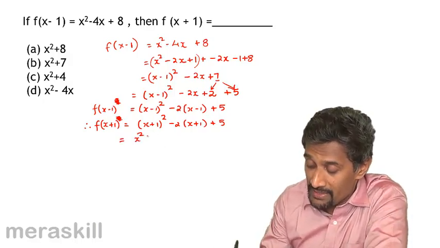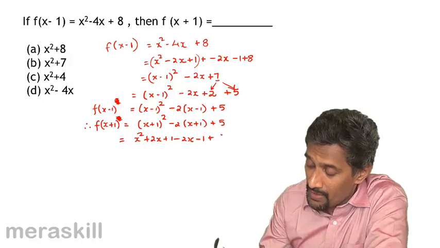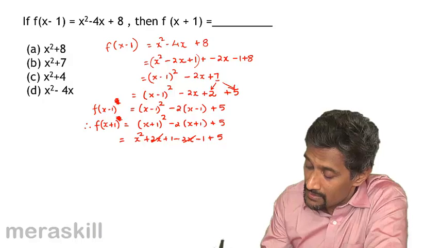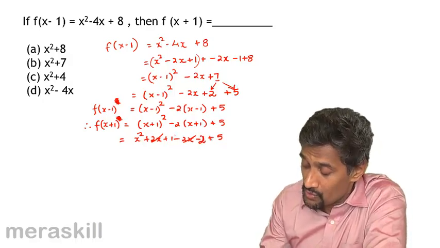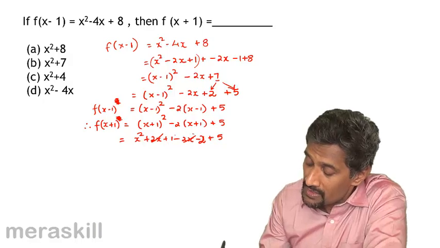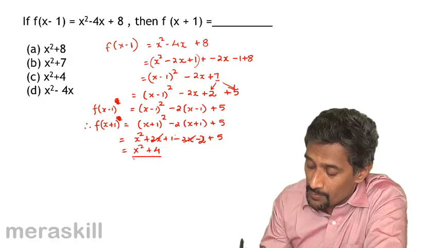So we write it as x squared plus 2x plus 1 minus 2x minus 2 plus 5, and hence this gets cancelled, and this will become 6 minus 2. So this will give you x squared plus 4.